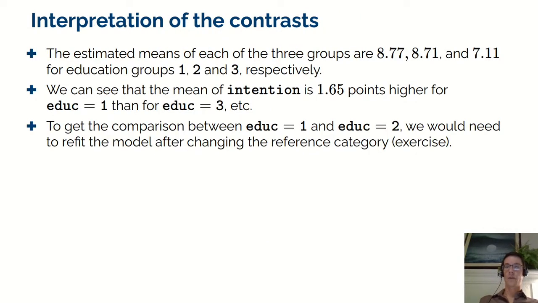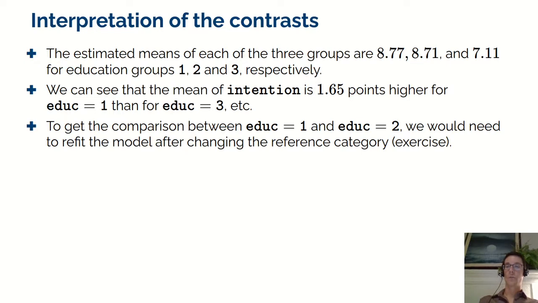I've already explained the interpretation, but I will show you in the next video what this is exactly representing. So we'll look at different linear parameterizations. But based on the table, you could get the estimated means for each of the three groups. And as I said, the first group has the highest average.